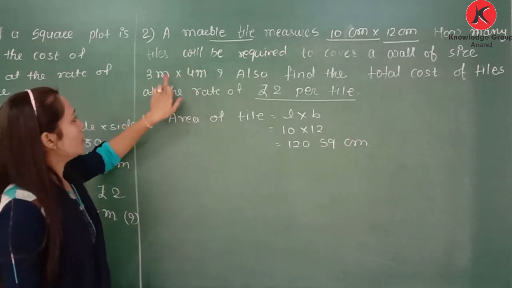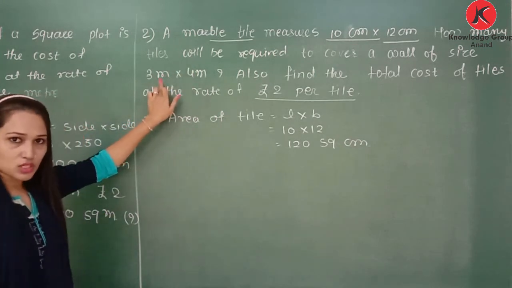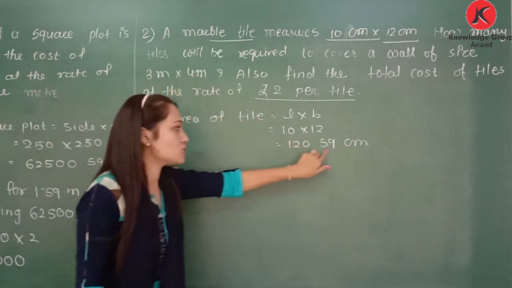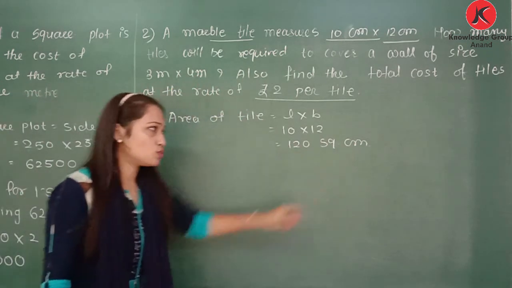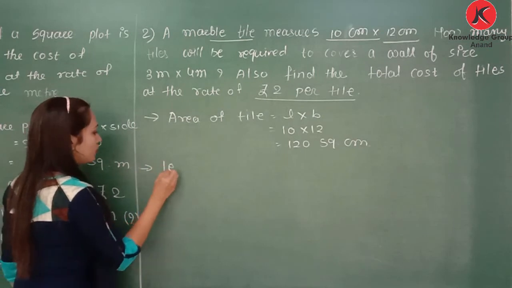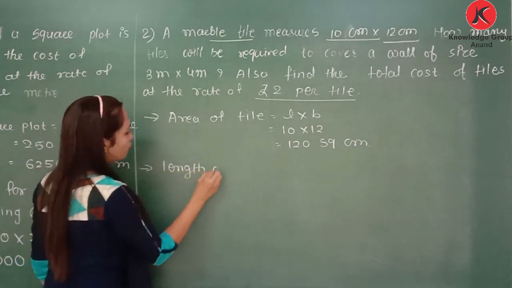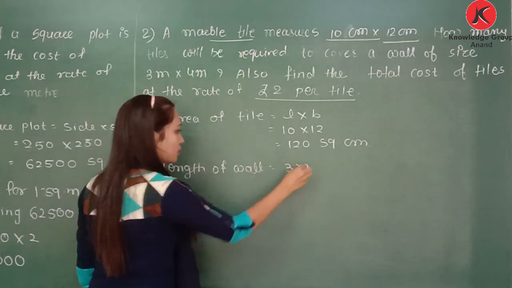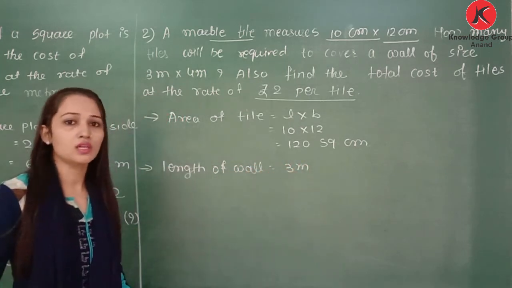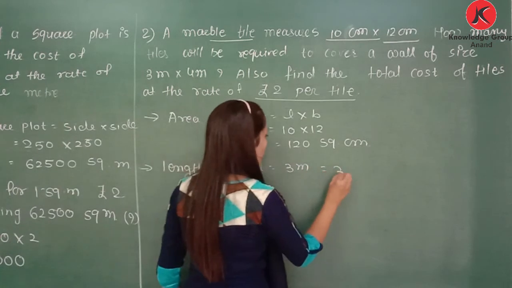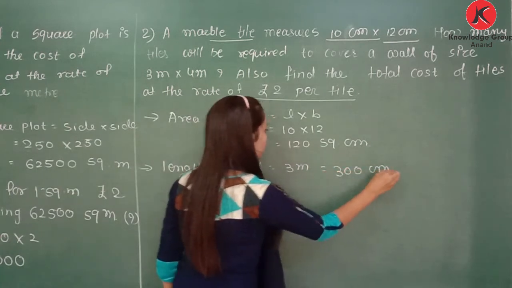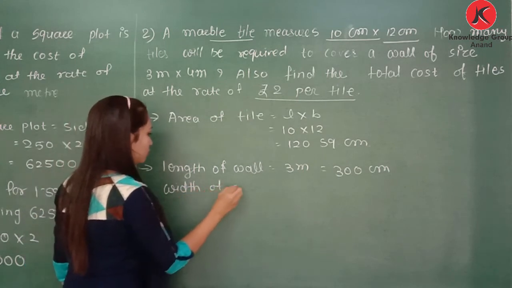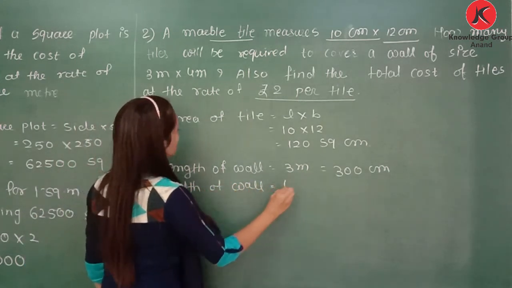Here, these units are in meters, so we will convert these measurements into centimeter. Why? Because this is in square centimeter. That's why, let's find the length of the wall. That is 3 meter, because all units must be the same. So it is 300 centimeter. Width of wall, that is 4 meter.